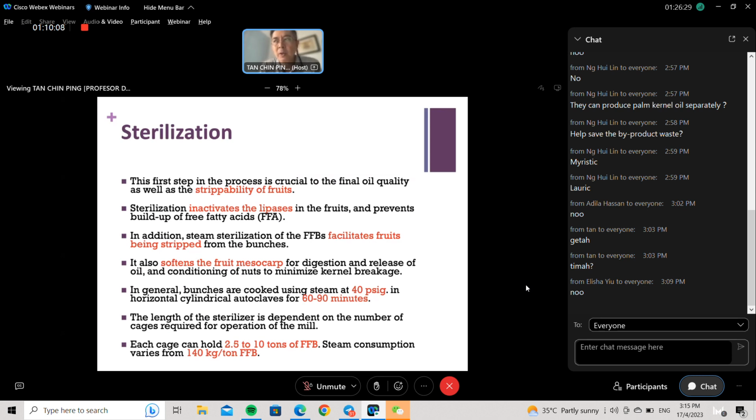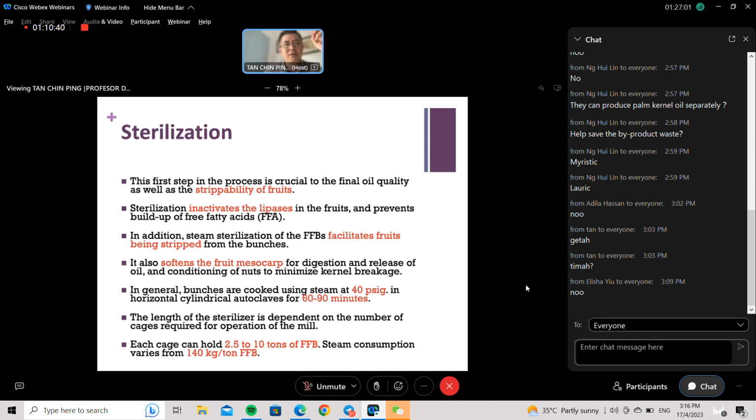But for refined oil, we want to have 95 to 99% of TAG. We don't want to have FFA, all right? So there's two major functions in sterilization. First, to strip the fruitlets out of the bunch, and also to inactivate enzyme because temperature is very high. And then it also helps you to soften the fruit mesocarp.